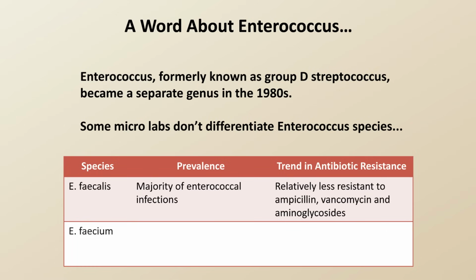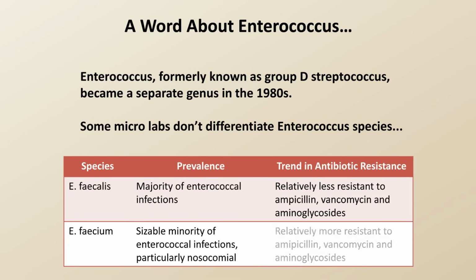E. faecium causes a sizable minority of enterococcal infections, particularly nosocomial ones. E. faecium is relatively more resistant to these antibiotics. So the bottom line is, if you are concerned about the possibility of an enterococcal infection, it's best to pay attention to the individual species, as it will influence decisions about antibiotic therapy while the sensitivities are still pending from the microlab.